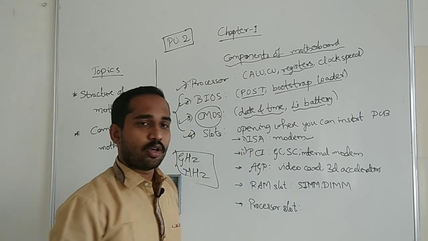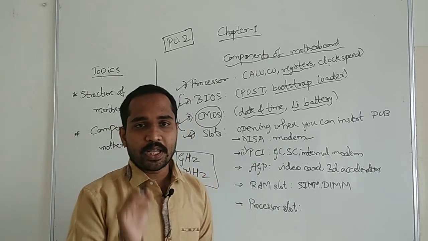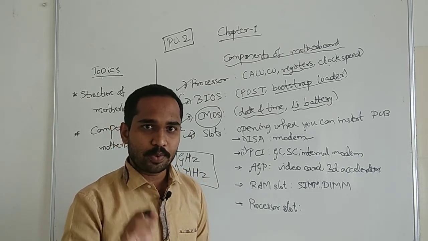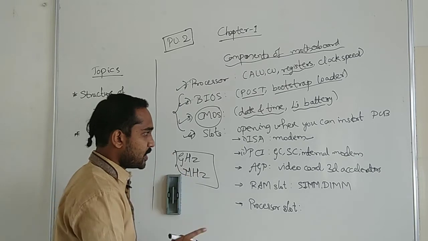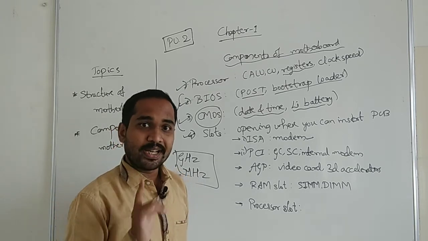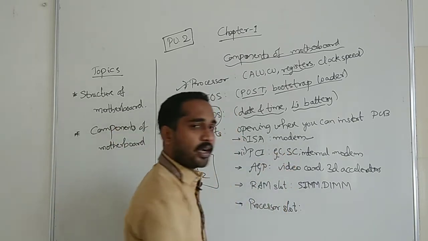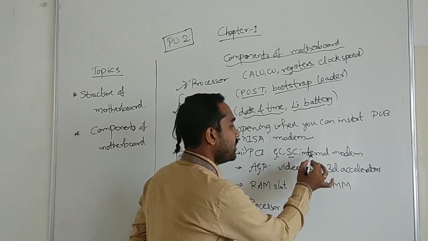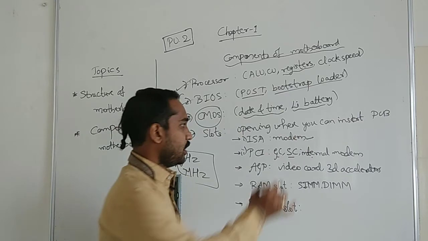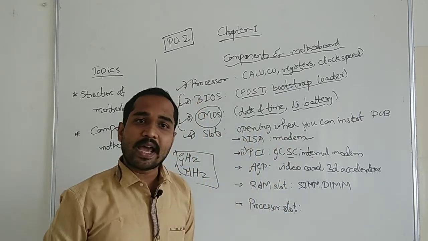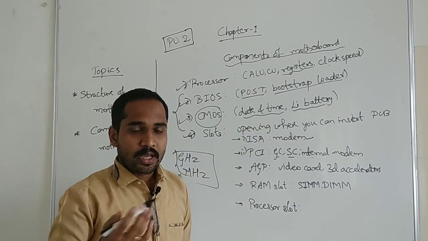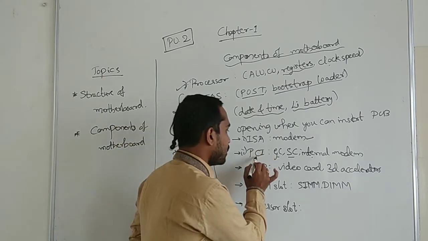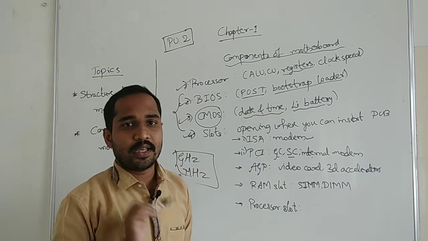Coming to the second slot, it is PCI, Peripheral Component Interconnect. Please remember, Peripheral Component Interconnect. Now this is mainly used to connect the graphics card, sound card, and internal modem. External modem is connected using ISA, Industry Standard Architecture, but if the modem is internally inbuilt, then it will be connected to this slot, that is PCI.